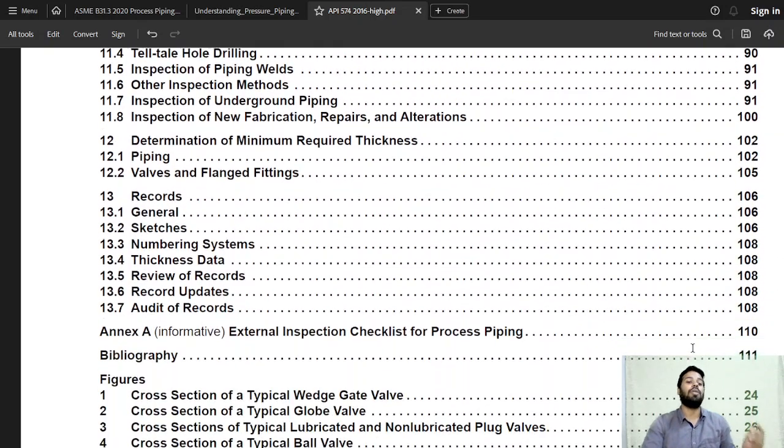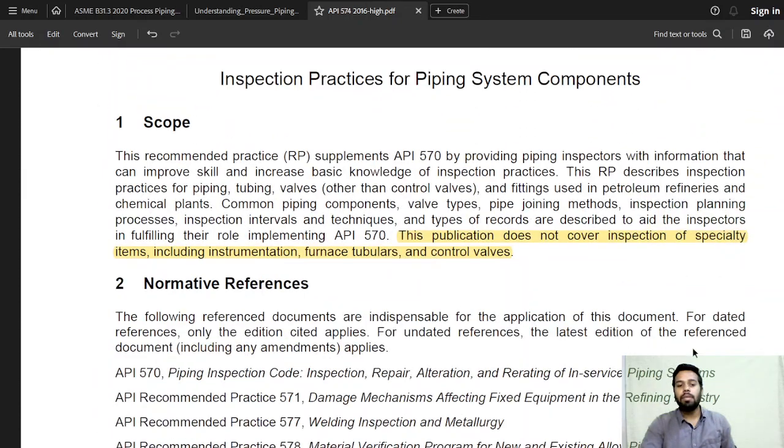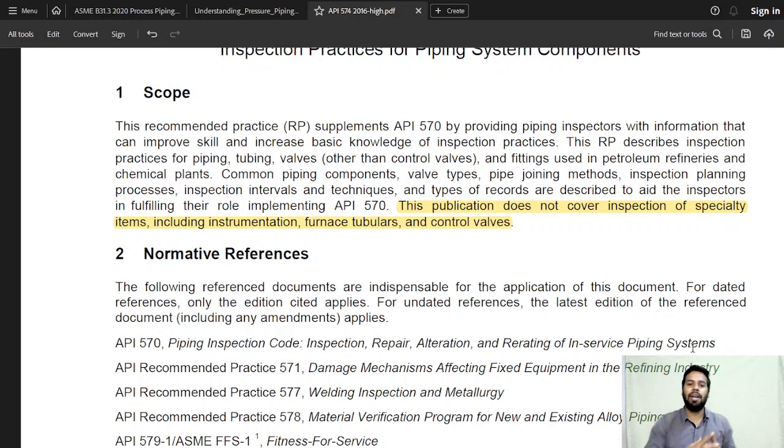Okay, so let's go ahead with Section 1. Section 1 is scope. We already know what the scope is. This publication does not cover inspection of specialty items, including instrumentation, furnace tubulars and control valves.